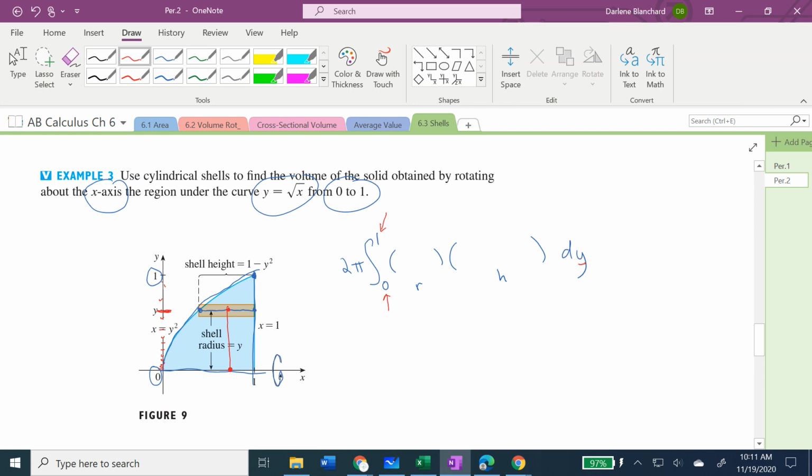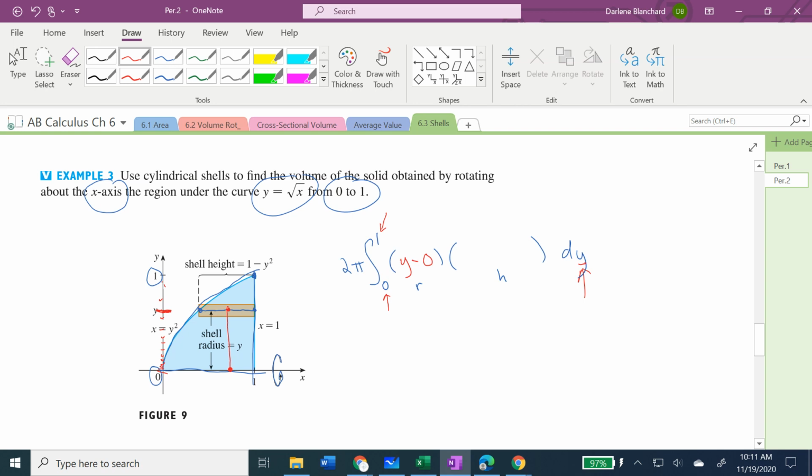And that y is the variable of the integrand because it's a dy. If you can picture these rectangles just floating up through, they are actually at a y location. So this vertical distance is the y variable itself minus 0.